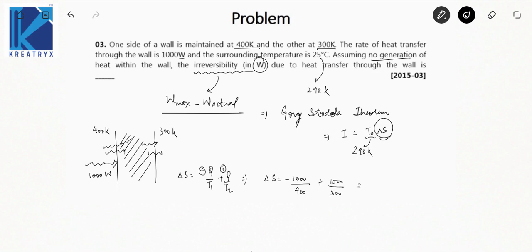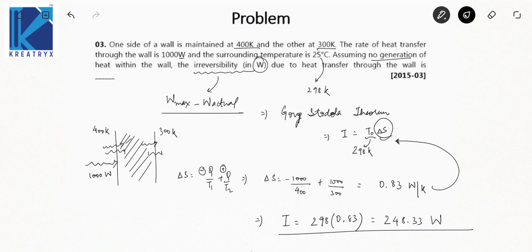Solve this. Delta S will be 0.83 watt per Kelvin. Put this change in entropy here. Irreversibility will be 298 into 0.83 watt per Kelvin, which will be 248.33 watt. We have got the answer in watt, we have to fill the answer in watt.